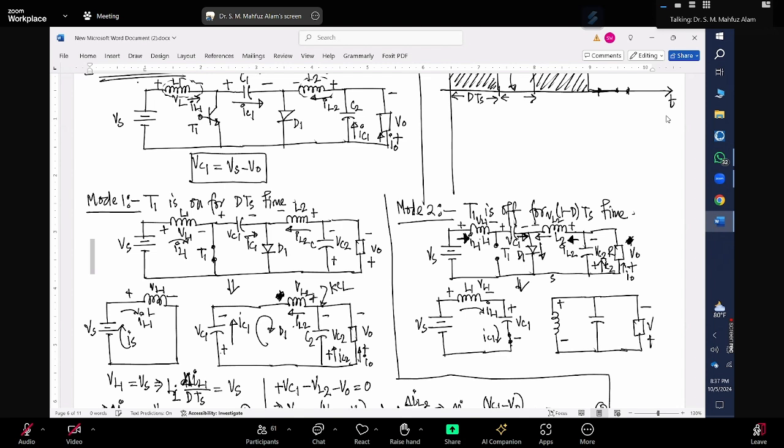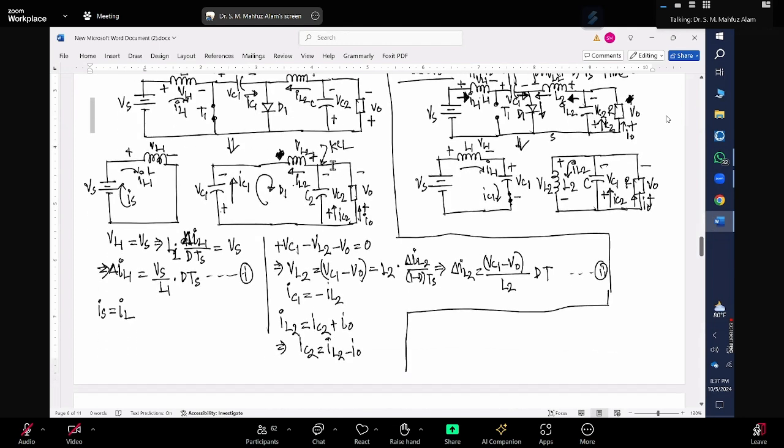So this is V naught. This is my R. Similarly, this is my VC1. This is C. This is L. This is my VL2. This is my L2. And the current is going in this direction. This is my IL2. And we consider that this is my IC2, and this current is my I naught.